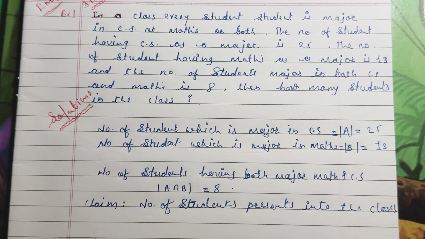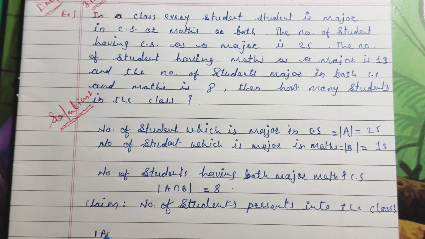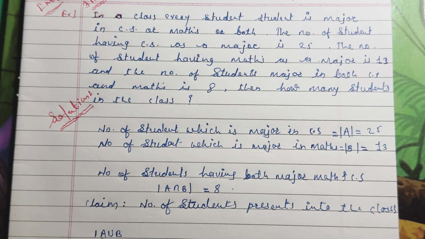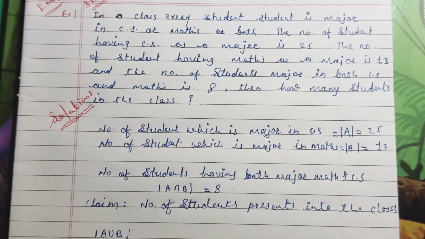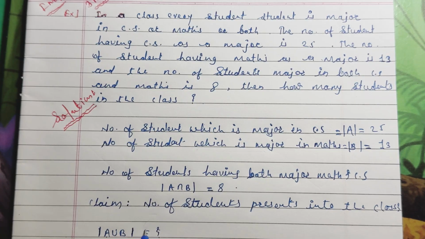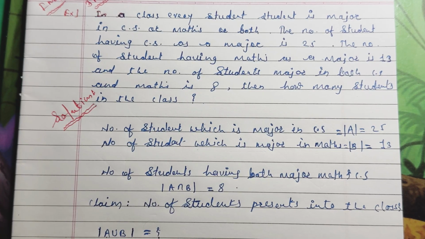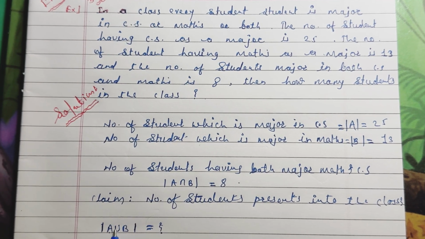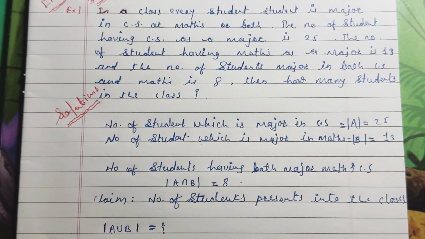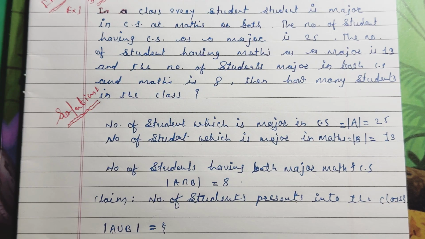That means we want the total number of students in the class. In mathematical language, we want the cardinality of A union B. A means CS and B means math. So we want the total students in our class, which is the cardinality of A union B, meaning the students who are in A as well as in B.